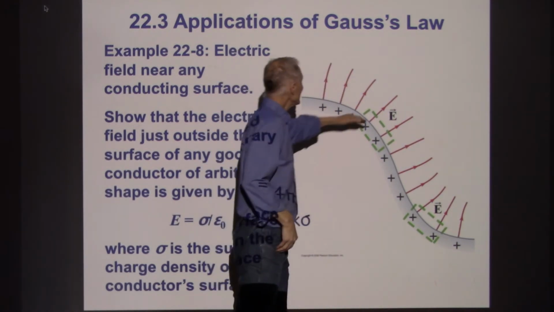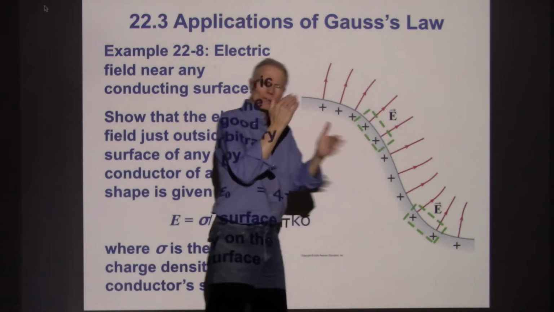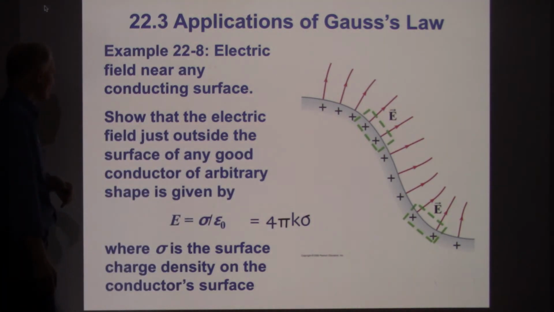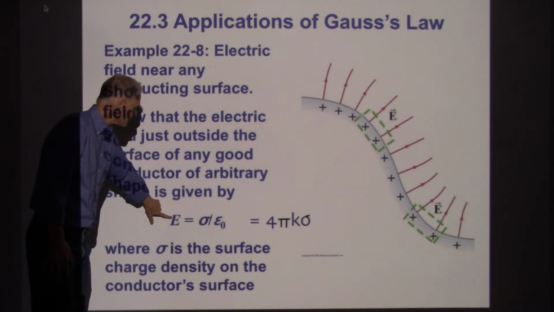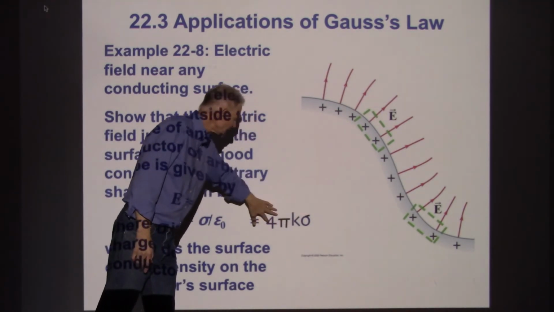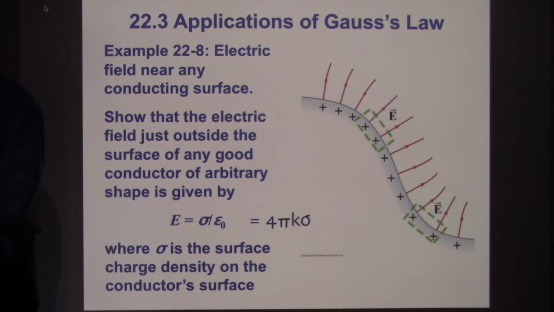So if I'm looking at the surface of a conductor, and the electric field is only going out in one of the directions, that's going to change my formulas. That's going to give me an electric field that is 4 pi k times sigma. It's not going to be 2, it's going to be a factor of 4 instead.